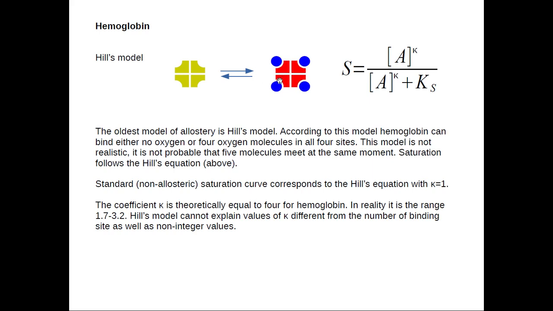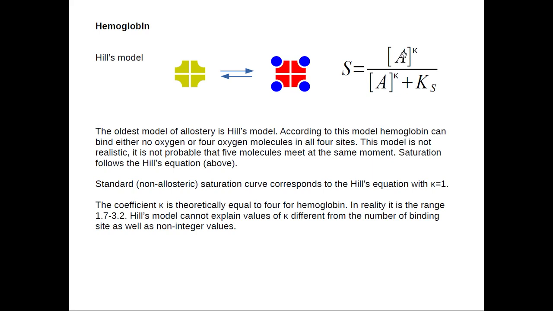If you look at this model and do some physical chemistry, some thermodynamics, you end up with such a saturation curve. So this S is saturation, from 0 to 1. 0 means no oxygen bound, 1 means fully saturated with oxygen, no more oxygen can be bound. These square brackets are usually used in thermodynamics or kinetics to express concentrations of different components.